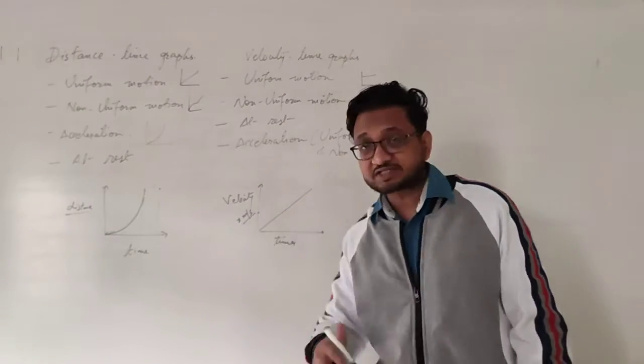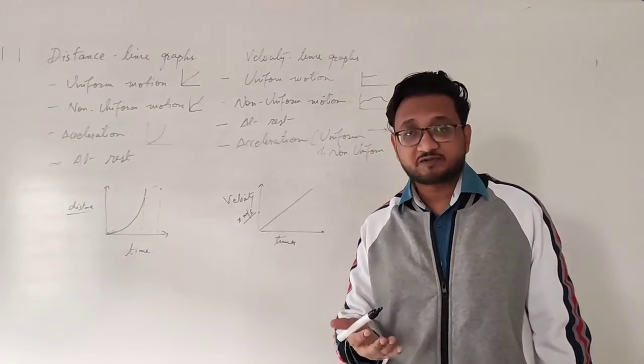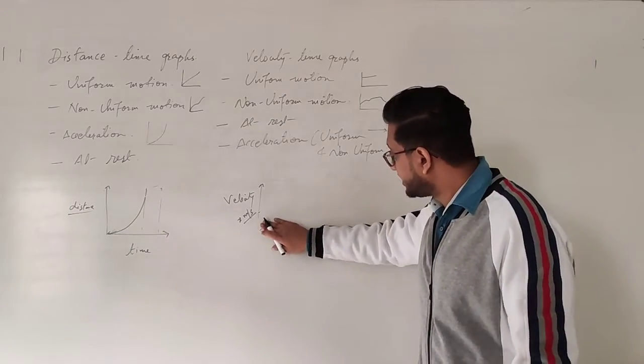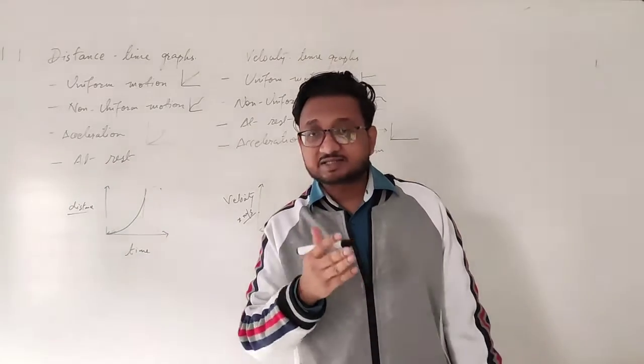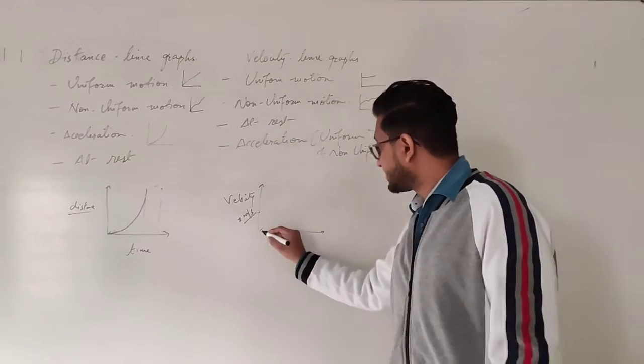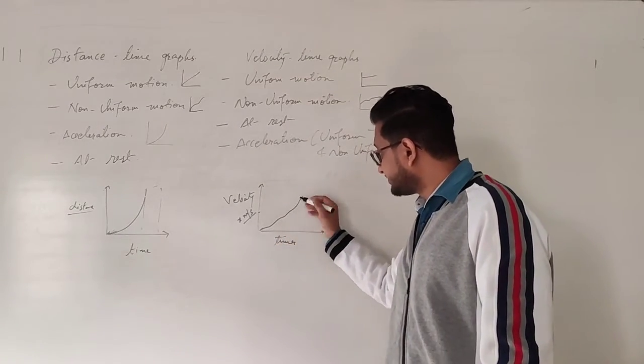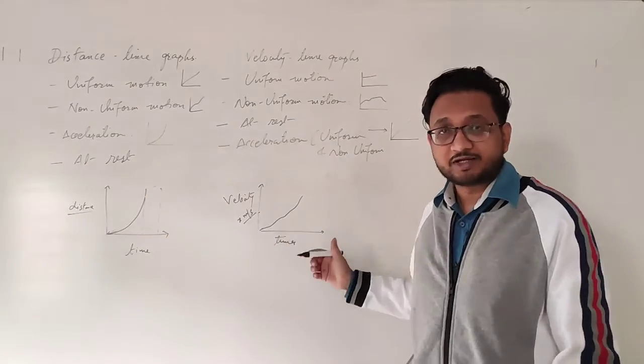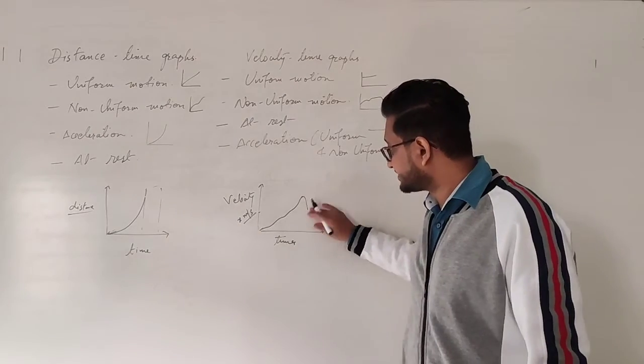If the velocity is increasing continuously, but not uniformly, that means sometimes it is increasing less, sometimes it is increasing more. So it can be a random graph like this, but it will never go down. It will never go in the opposite direction like this.